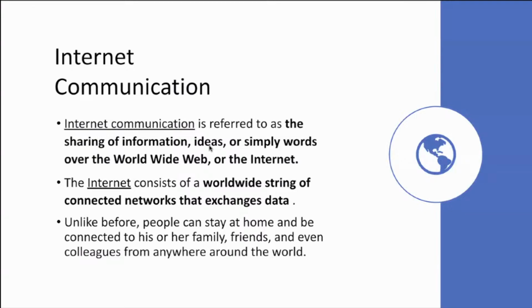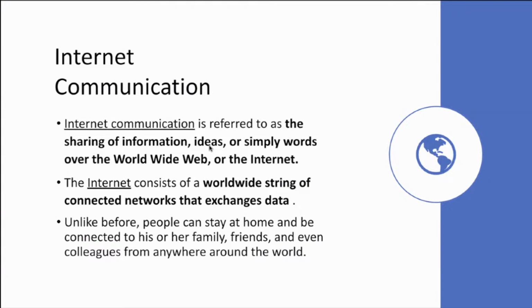The internet consists of a worldwide string of connected networks that exchange data. So we need to use the internet and the World Wide Web, which means www. Using the internet, we can communicate worldwide.